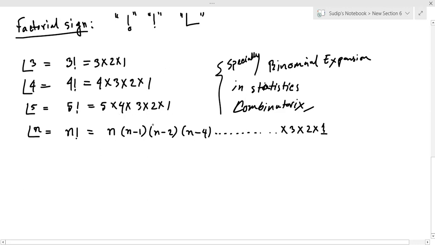This idea is very important, so please remember this notation.